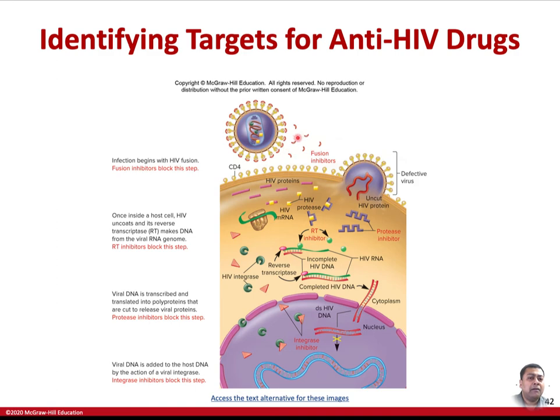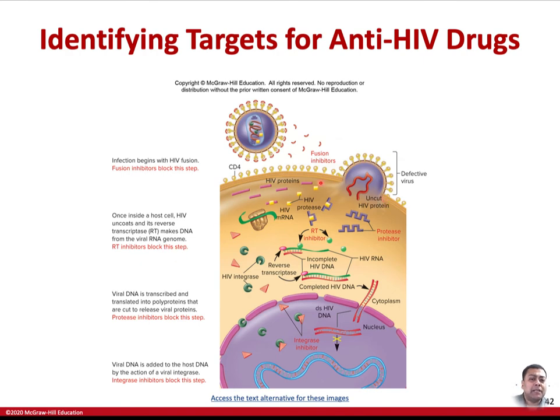The viral glycoproteins GP120 and GP41 lodge with the CD4, and then it fuses with the plasma membrane. One group of drugs inhibits this fusion, and these are known as fusion inhibitors. So this will not allow the virus to fuse with the plasma membrane.